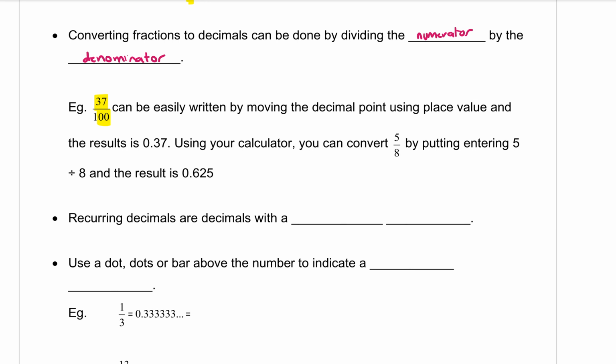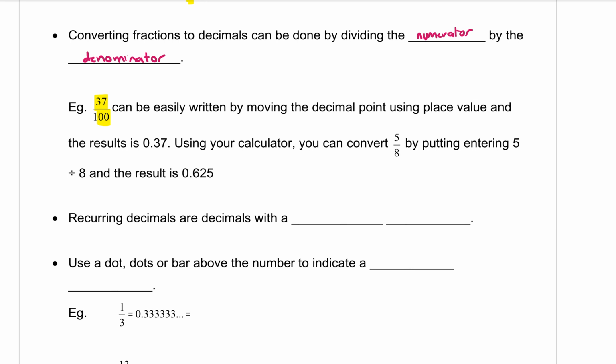Because it is being divided by 100, we just need to move the decimal point back 2 places, which means 0.37. Some fractions are harder than that, however, so we may need to use a calculator to convert something like 5 over 8. You'd put that in as 5 divided by 8 and get the result 0.625.